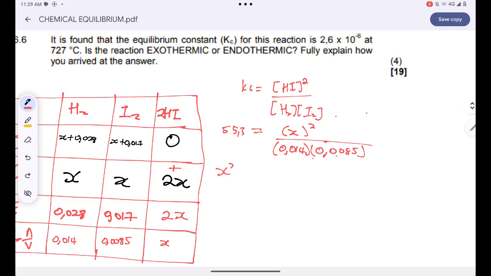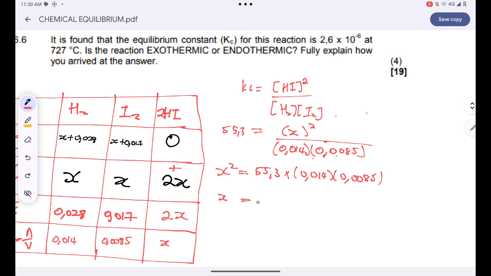That means x squared is equal to 55.3, cross multiplying, multiplied by 0.014 multiplied by 0.0085. Just take the square root on both sides. Then x is equal to the square root of 55.3 multiplied by 0.014 multiplied by 0.0085.